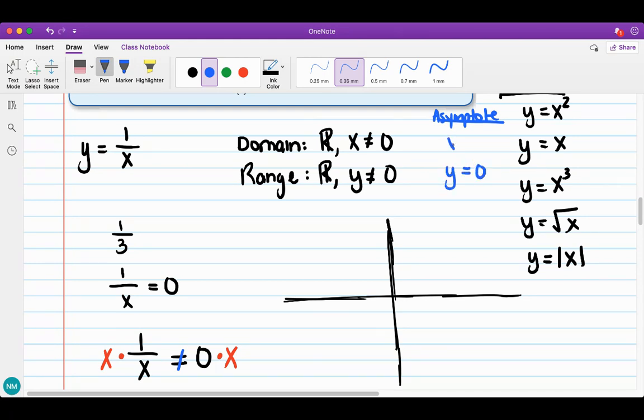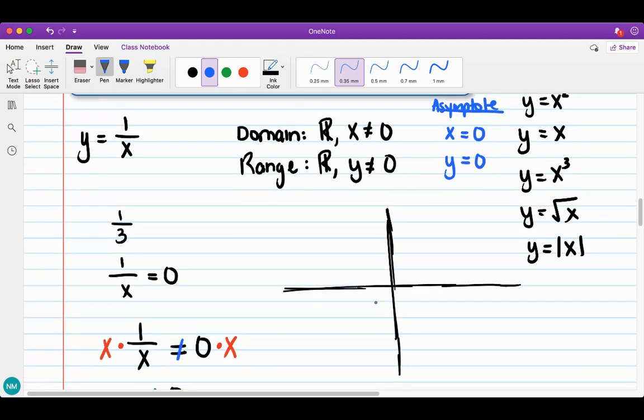It gets deeper later on, but just for reciprocal functions, this is the general rule of thumb. I have an asymptote at x equals 0, which is my y-axis, and I have an asymptote at y equals 0. And so my parent function looks like this.